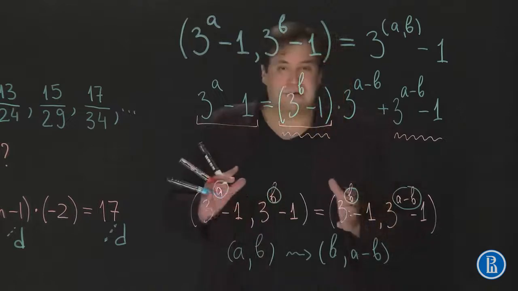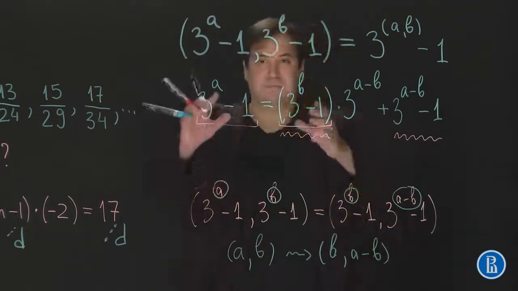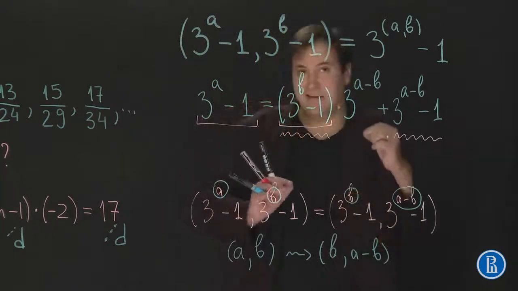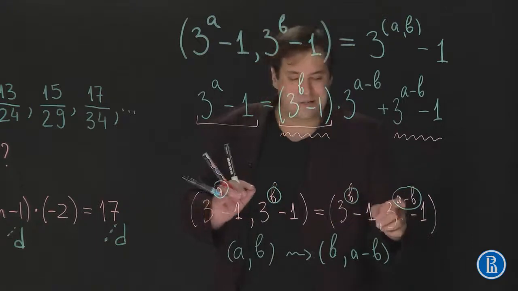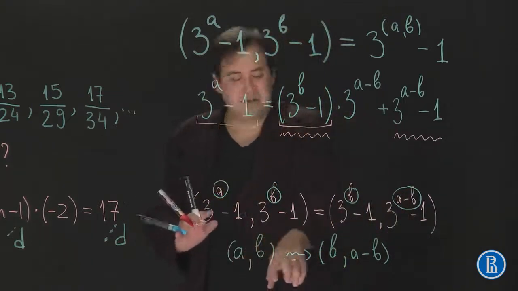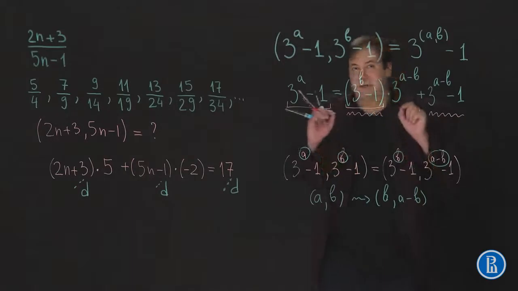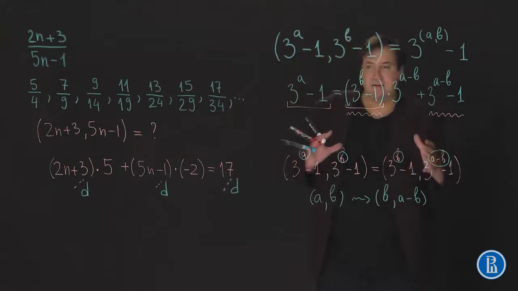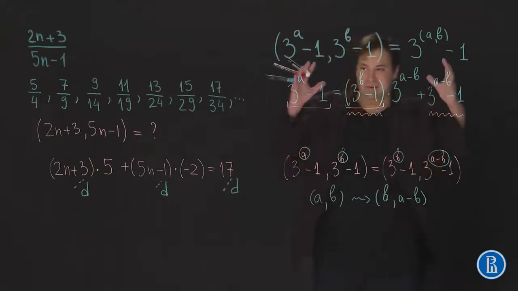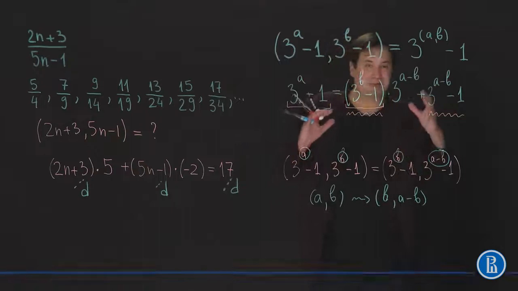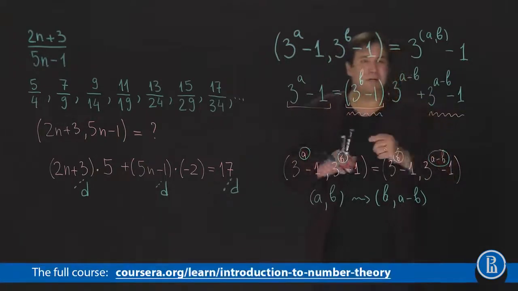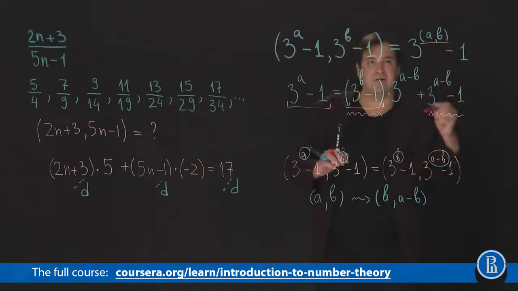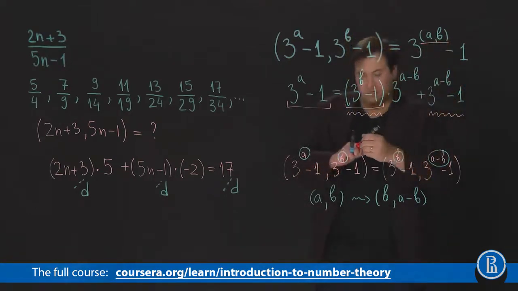Thus, applying the Euclidean algorithm to numbers of this form, we actually apply the Euclidean algorithm to their powers. We change (a, b) to (b, a minus b). This means that after the Euclidean algorithm of the original numbers is finished, we will obtain the greatest common divisor over here in the power of number 3.